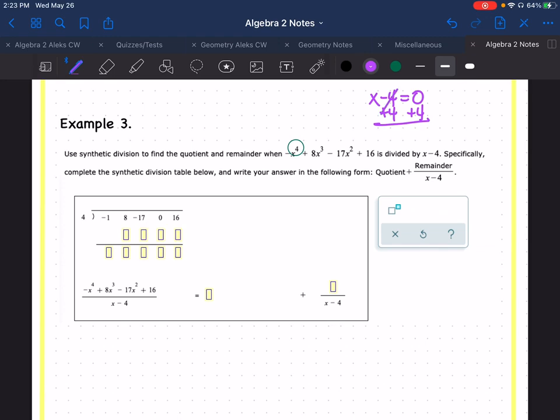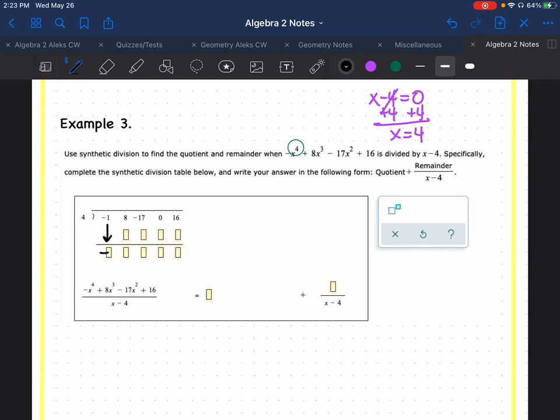I can already see that it's 4 because I can already see it right here. These numbers here came from my coefficients. The 0 came because there was no x term right in between here, and so that's why the 0 is there.